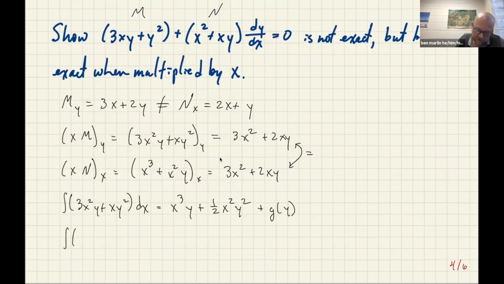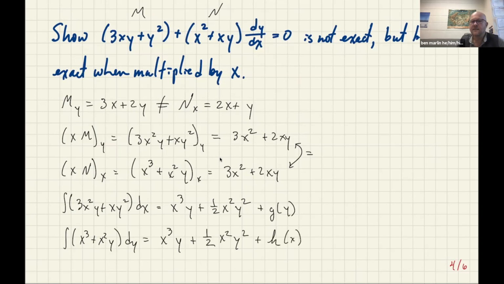And then I'll integrate my x cubed plus x squared y with respect to y. I'll get x cubed y plus 1/2 x squared y squared plus some h of x.